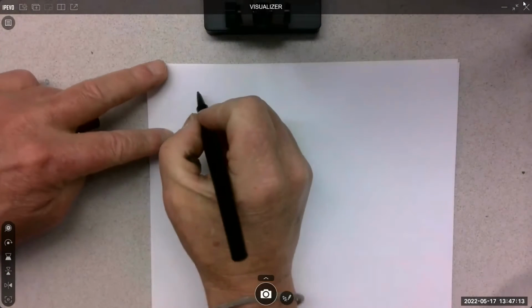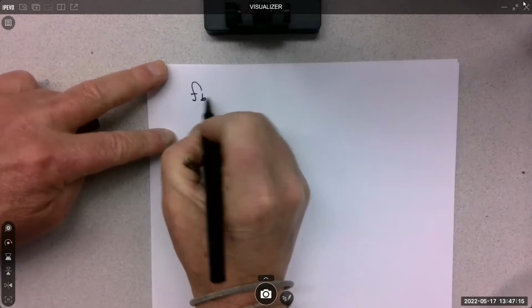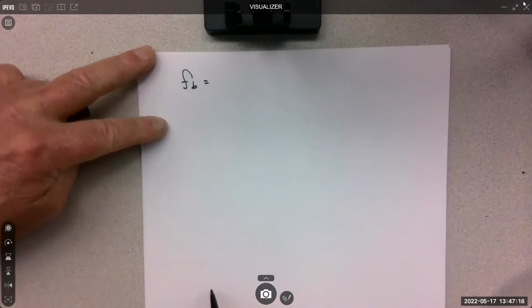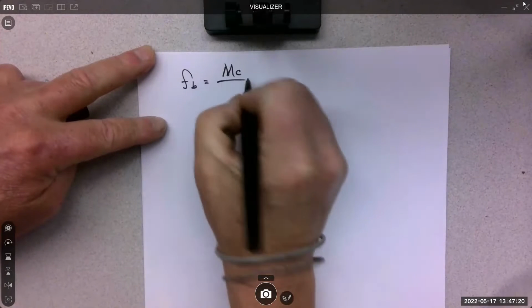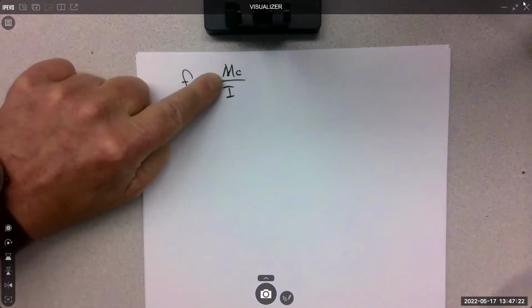But we're pretty close to just being able to do bending stress because once you get the moment, then it's just C and I is all that you're missing. So bending stress is our end goal. And they actually use this F sub B for bending stress, so I'll start using that. And that's MC over I. And M is what we just found out.